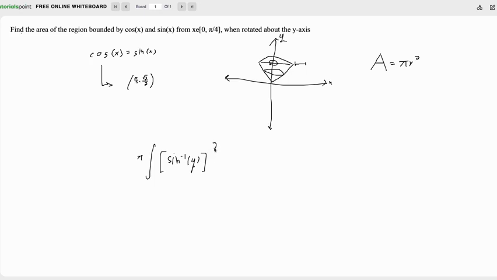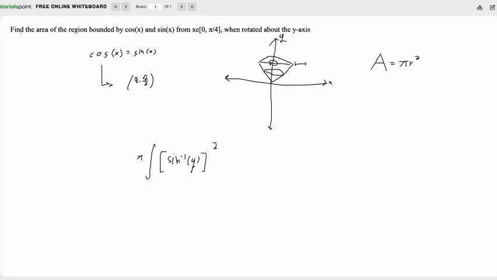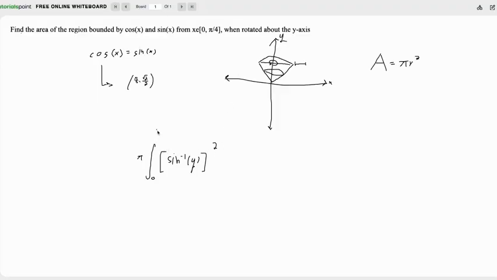And then I'm going to square it because the value it outputs is simply the horizontal distance from here to here, right? But we need to square that for it to be in terms of the disk we're creating when it's rotated around the y-axis, okay? And that's going to be again from 0 all the way up until root 2 over 2, which is 0.707.